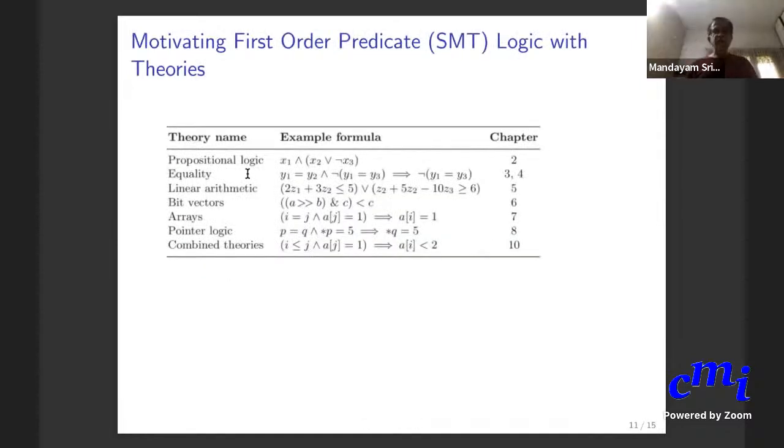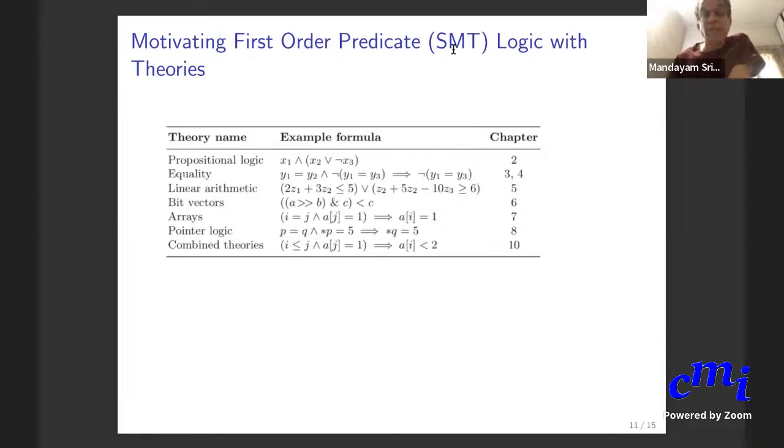So this slide is drawn from that decision procedure book. These are some examples. Now when I talk about SMT logic, SMT really stands for satisfiability modulo theory, and you will see why I keep using this term.